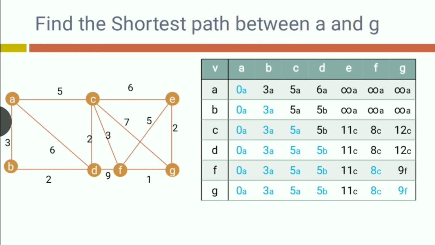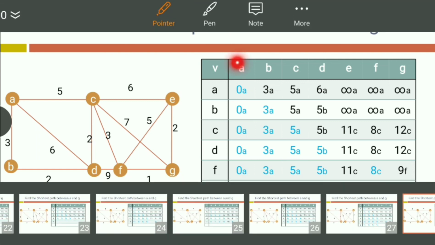So let's just backtrack this. From G you have to go to F, then from F to C, then from C to A, and then we reached A. We have to start from A only.